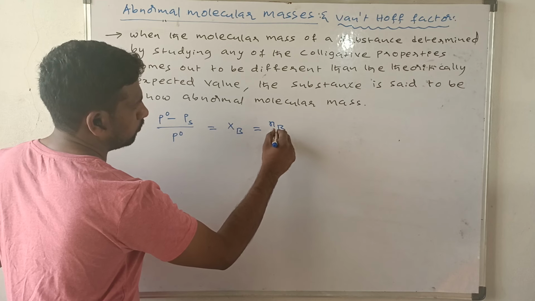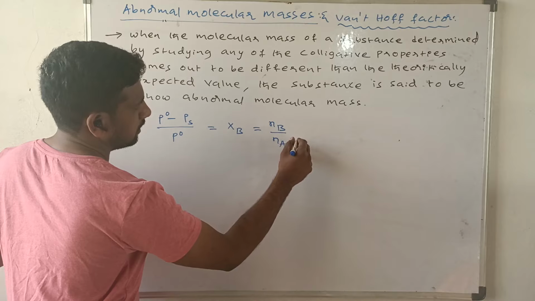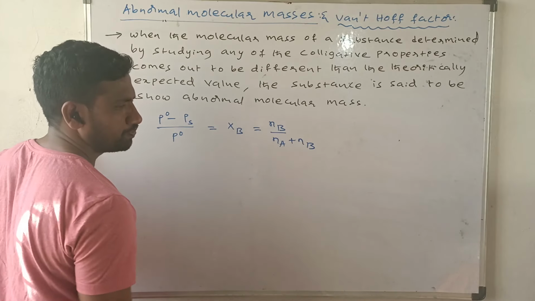That is the number of moles of the solute divided by the number of moles of the solvent plus the number of moles of the solute.